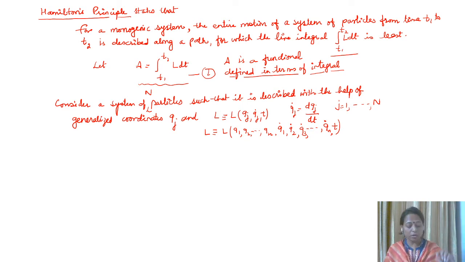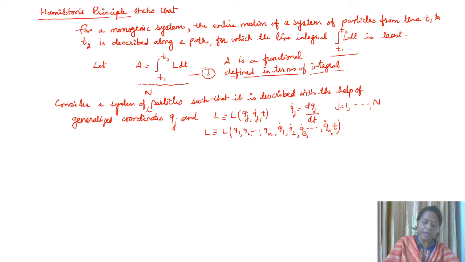So your integrand L is a function of more than one dependent variable. Here the dependent variables are more than one and the independent variable is one, which is time. So first of all, we will extend our calculus of variation method or technique for more than one dependent variable. So this is the one way.